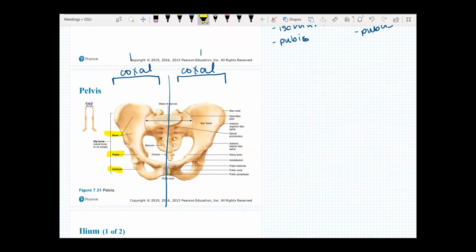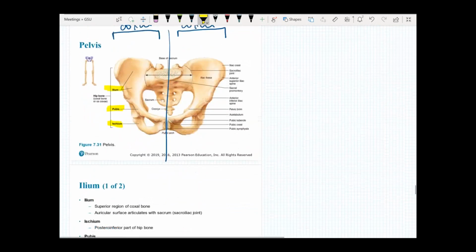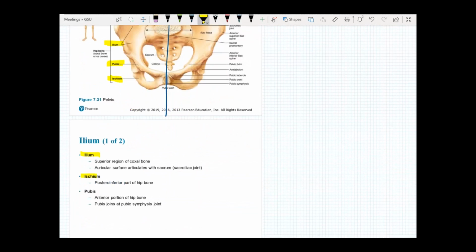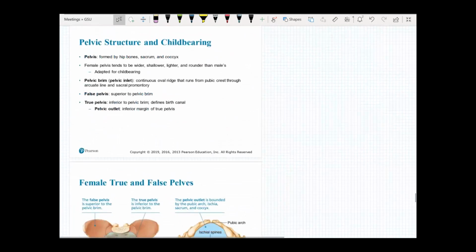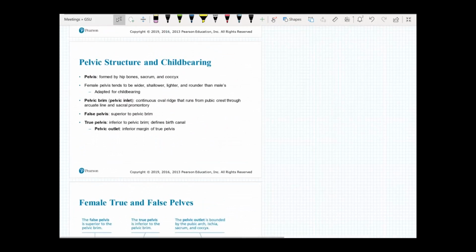Your ischium is the bottom back part, and the pubis is the front part near your pubic region, and that will be on your right and your left side. So ilium, ischium, and pubis make up the coxal. Here it is broken out if it's helpful to see it, but those are very confusing. We're not going to go into detail on naming the parts of the 3 coxal bones.